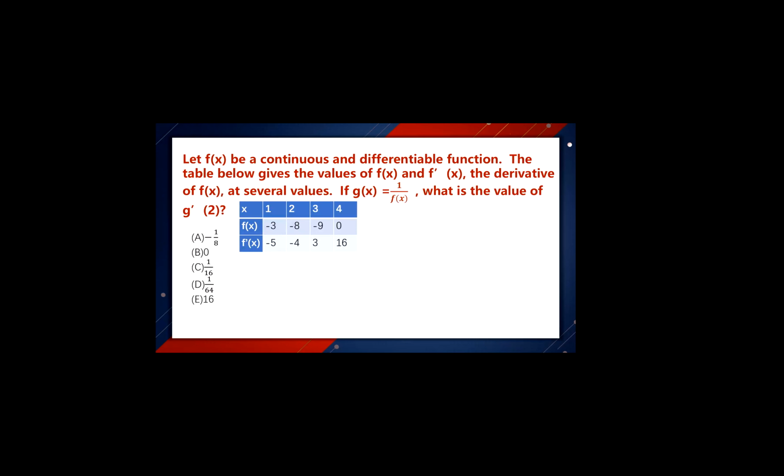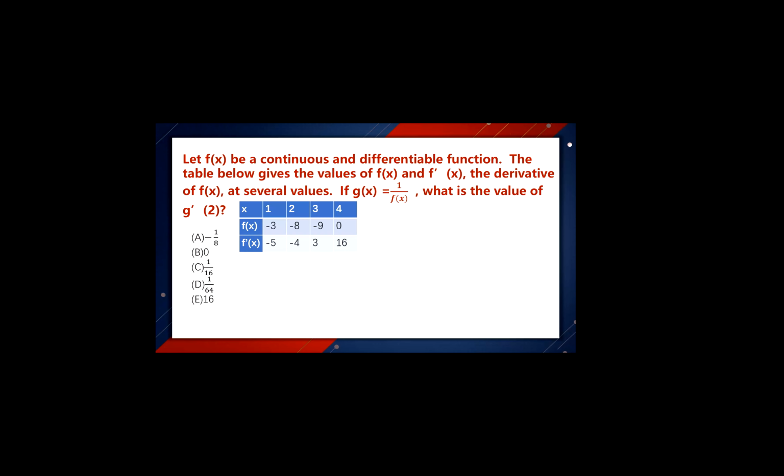Then the next question, if f(x) is a continuous and differentiable function, the table below gives the values of f(x) and f derivative x. If g(x) equals 1 over f(x), what is the value of g derivative at 2?